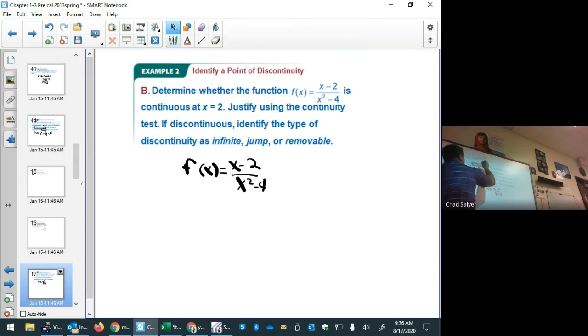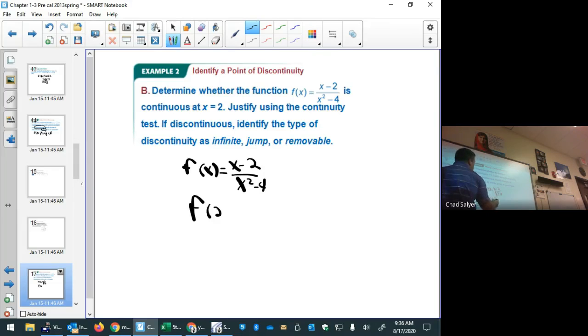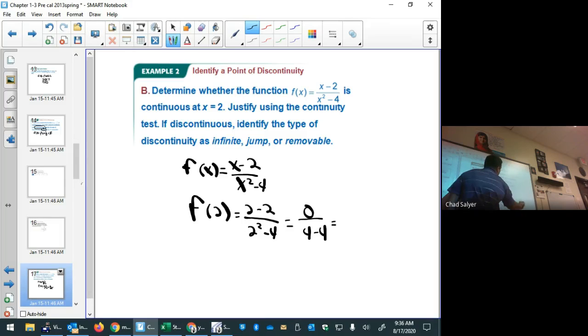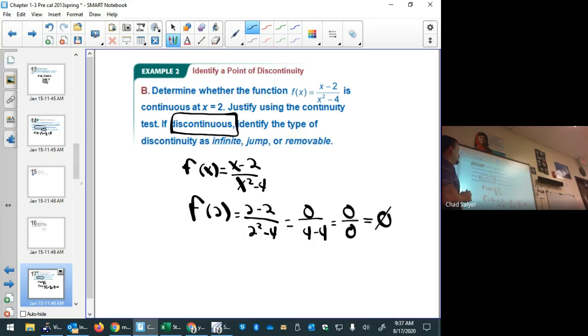So if I plug into f of 2, I get 2 minus 2 over 2 squared minus 4. So that's 0 over 4 minus 4, and that's 0 over 0. Once again, that does not exist. That's a discontinuous point. So if it doesn't exist, we know it's discontinuous at that point.